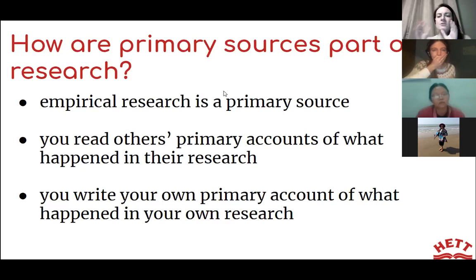Someone uses primary sources in their research, and then you look at their data and what they collected as a primary source. And when you are doing your own research, you are writing a primary account of what happened in your own research. So you're collecting your own primary data.